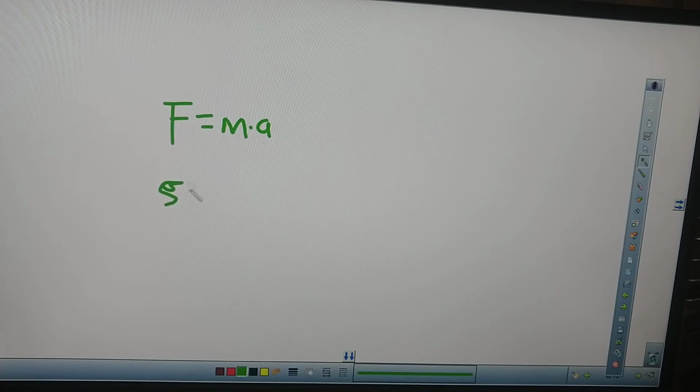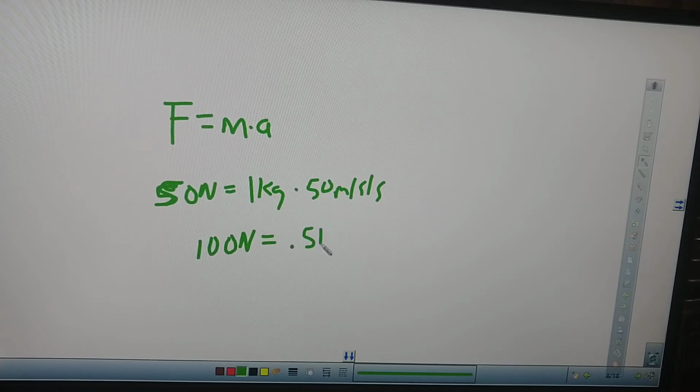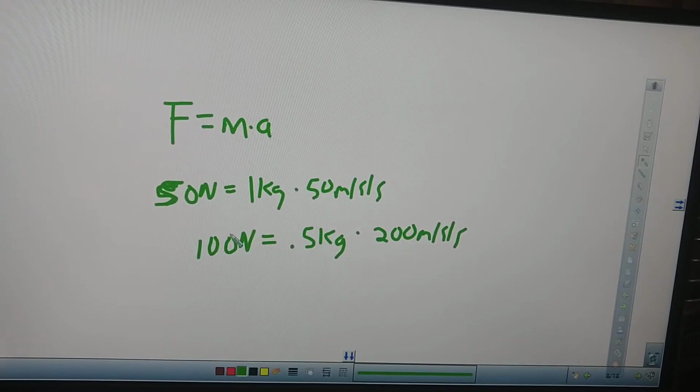If you push with 50 newtons on a 1 kilogram mass, then it will accelerate away at 50 meters per second per second. That's F equals ma. Okay? If you put 100 newtons of force on a 0.5 kilogram object, then it will accelerate away at 200 meters per second per second. F is equal to m times a.